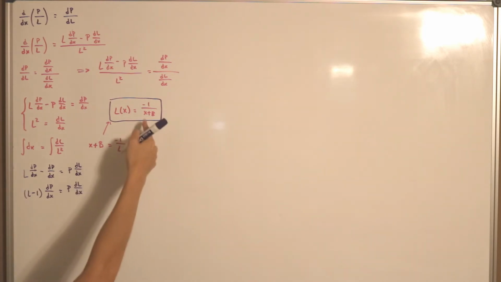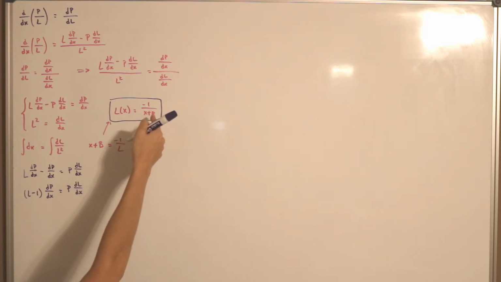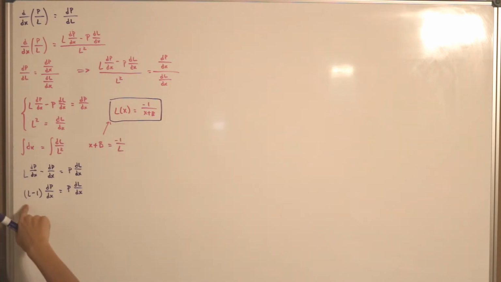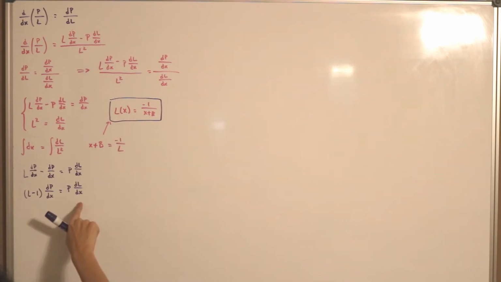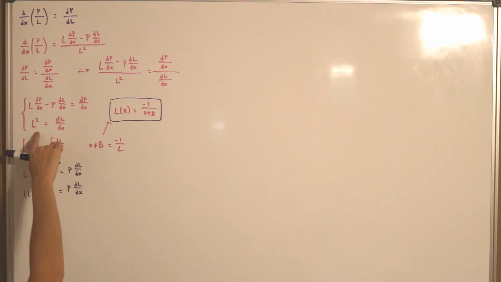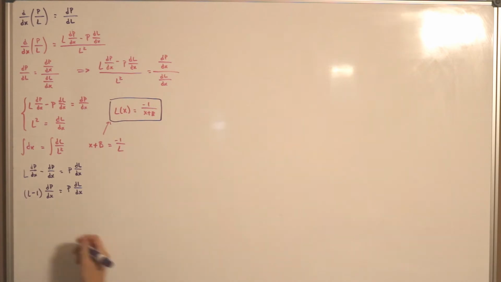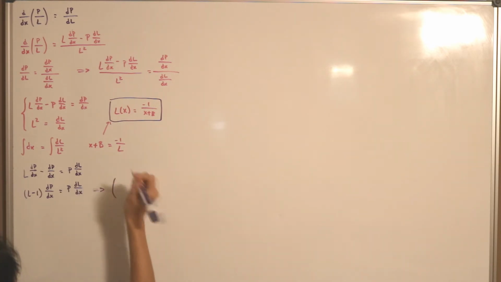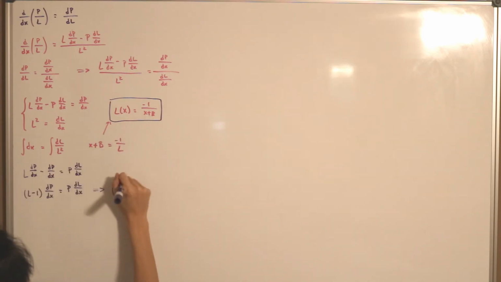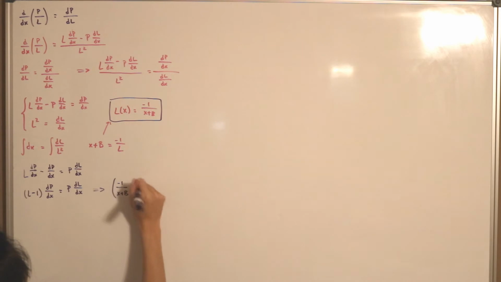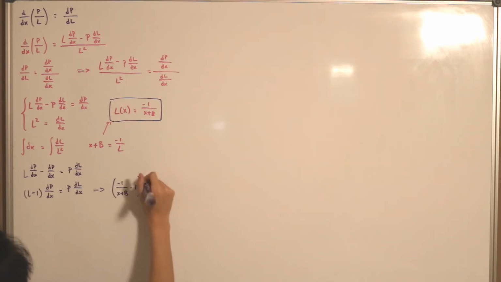We have that L is equal to -1 over x plus b, so we can substitute L for that. And then we have a dL/dx, but we found that dL/dx is equal to L squared, so we take the function we found for L and square it. When we do that, writing this in parentheses, we have that L is -1 divided by x plus b, then minus 1, times dP/dx.